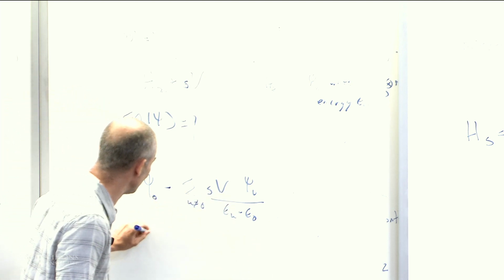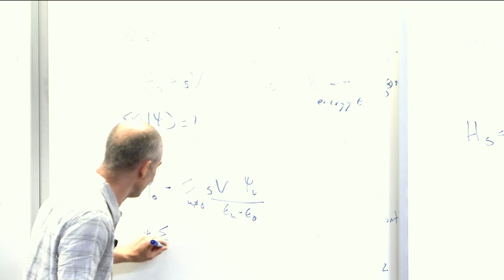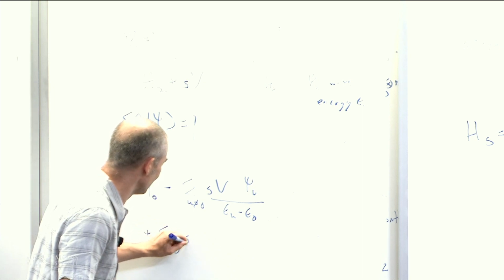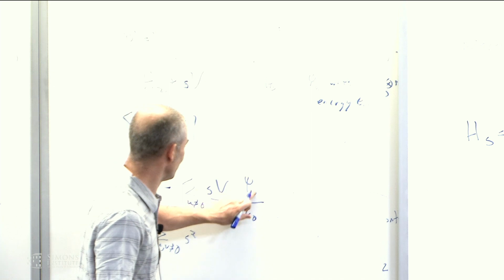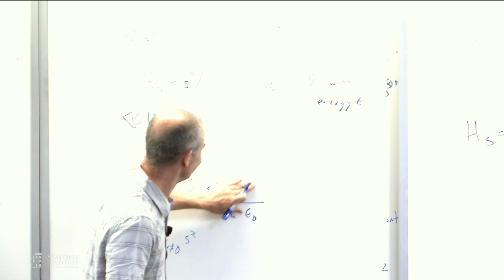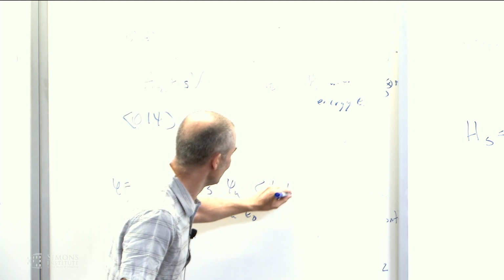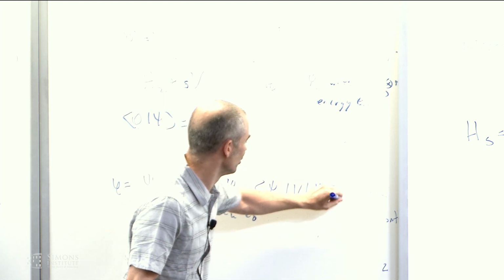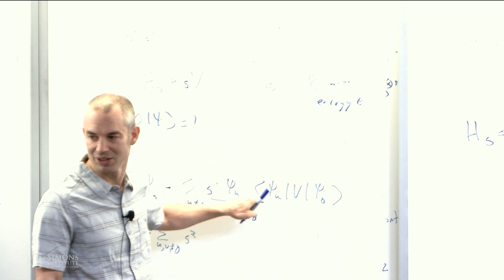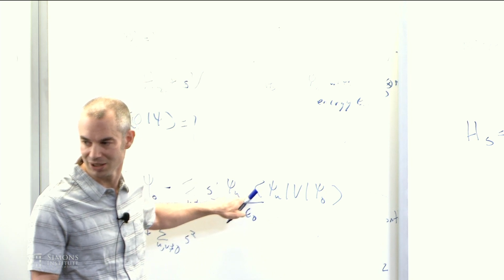Next order, plus sum over u and v, both not the ground state, s squared. Oh, sorry, let me fix that up: psi u times the matrix element, psi u v psi 0. So the matrix element from the ground state to an excited state, and then you put the excited state in there.